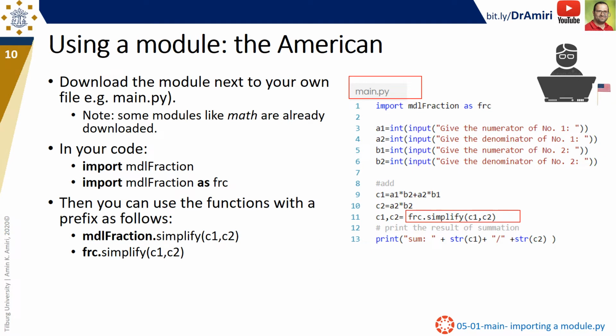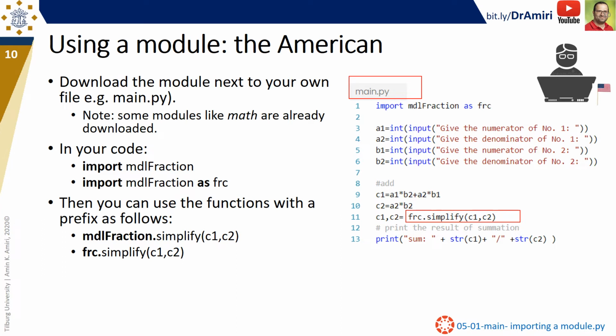Then after you write down the import part, you can use the functions with a prefix as follows. If you wrote down import mdlfraction, then you need to write down mdlfraction.simplify to use the simplify function defined in this module, and give C1 and C2 as the parameters.